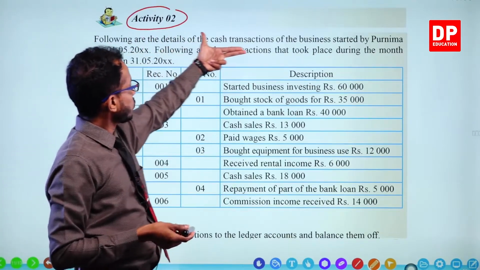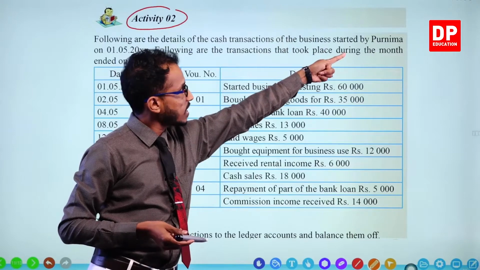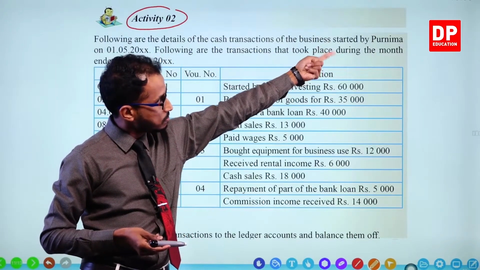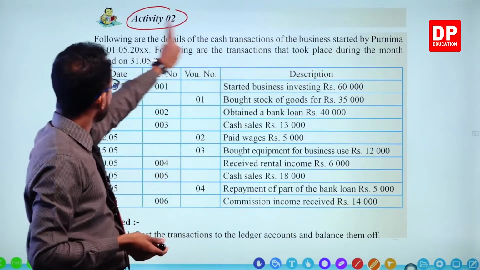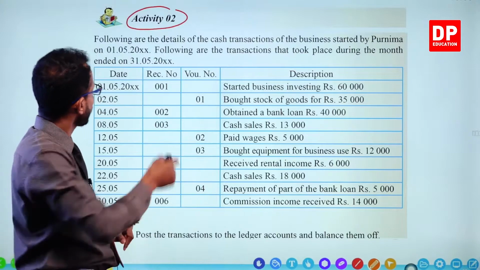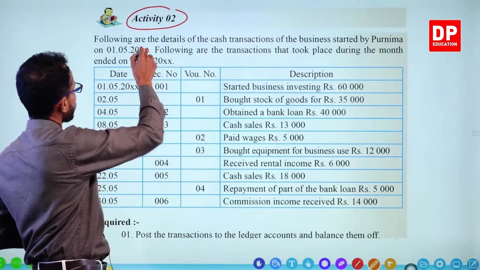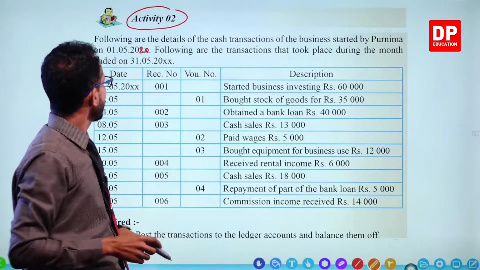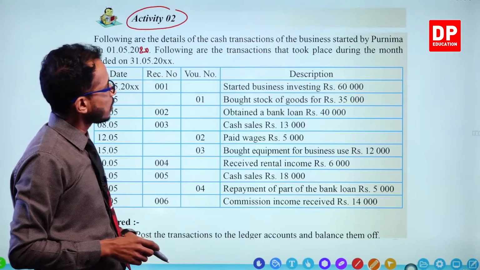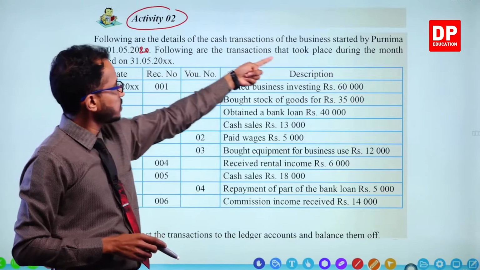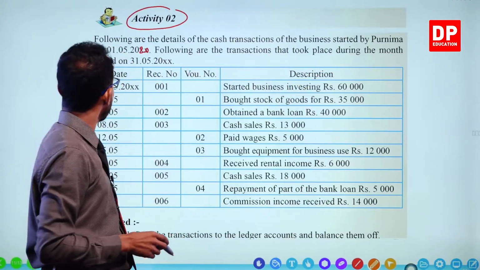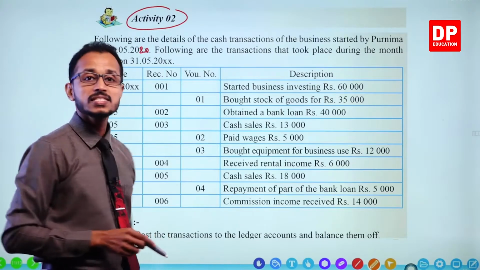Following are the details of cash transactions of the business started by Purnima, on 1st May 2020. Following are the transactions that took place during the month of May until 31st.